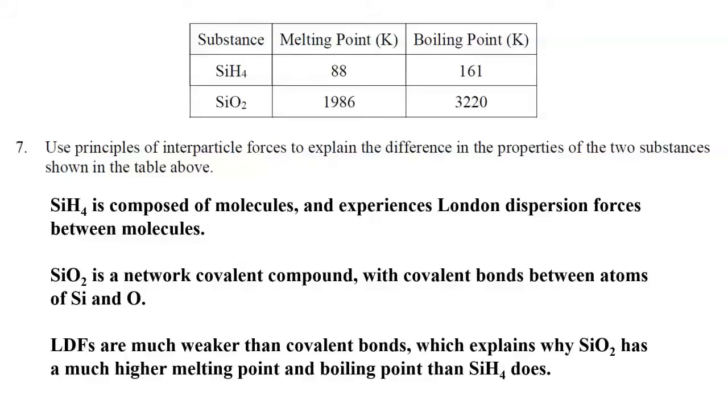So the attractive forces between the particles in SiO2 are much stronger than the attractive forces between the particles in SiH4. So SiO2 has a much higher melting point and boiling point than SiH4, much stronger interparticle attractive forces.